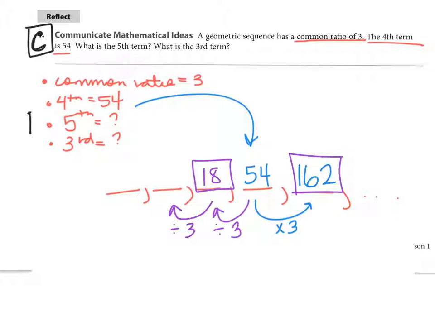We could continue to divide by 3 to figure out where the starting point would be, because sometimes that's going to be important in the future. If I divide 18 by 3, I get 6. If I divide it by 3 again, I would get 2. So the biggest thing you need to take away here is sometimes you're going to go forward and multiply, or you might have to go backwards and divide. So pay attention to the direction you're going, and notice you'll have to use opposites to go different directions.